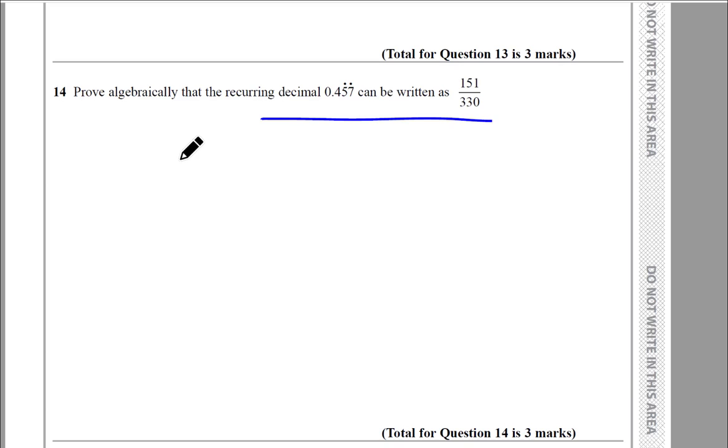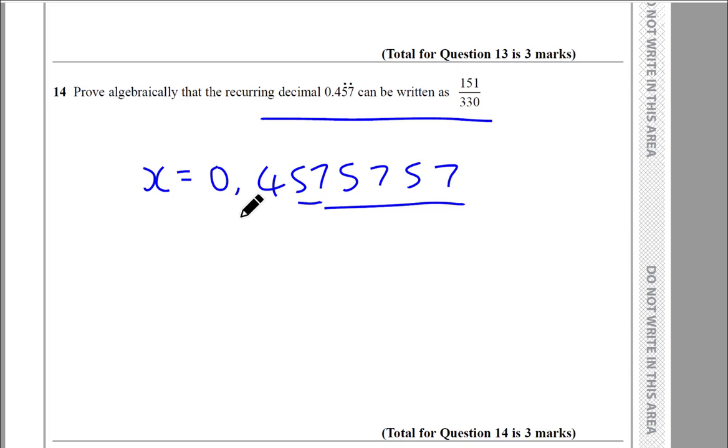So let's start right with let x equal 0.457, and that means the 57s repeat. So we want to find something where we can cancel the repeating. So we times that by 10.